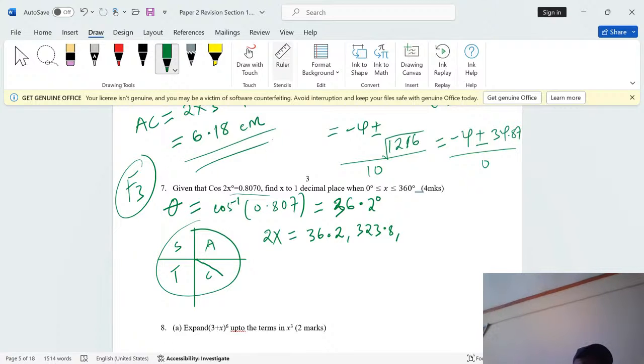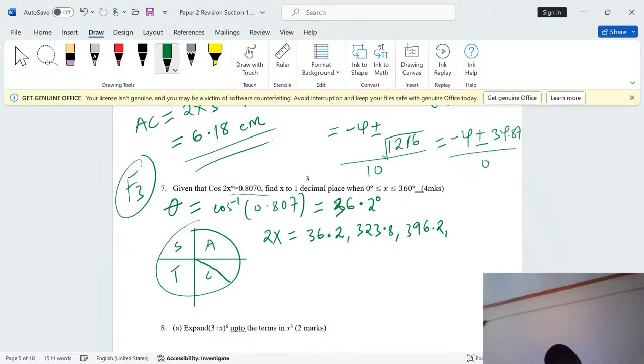323.8. So when we measure 36.2, that will be in the fourth quadrant. That will be an equivalence of 323.8. Let us get other possible angles. In case we make another complete cycle, the angle of 36.2, we will add 360 to it, and it will be equivalent to 396.2.